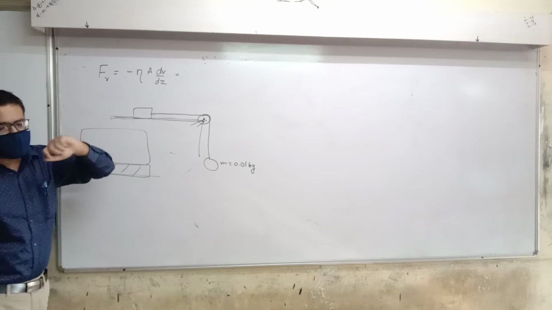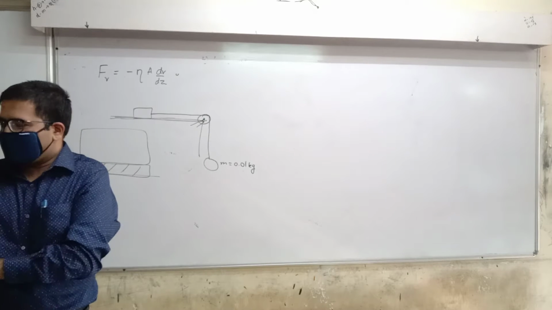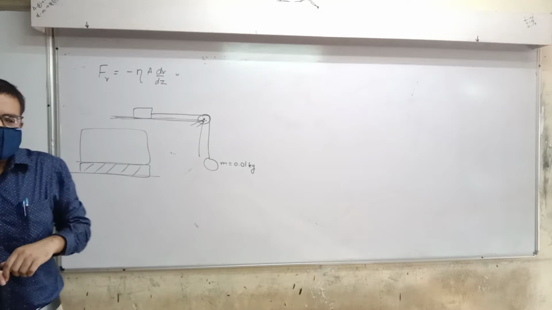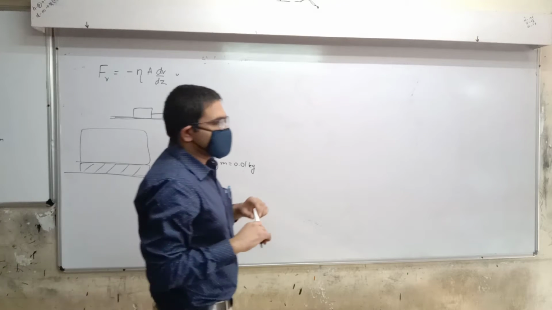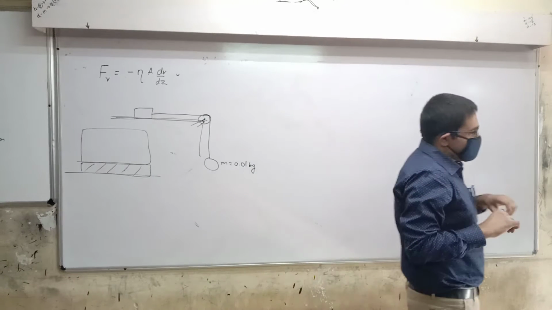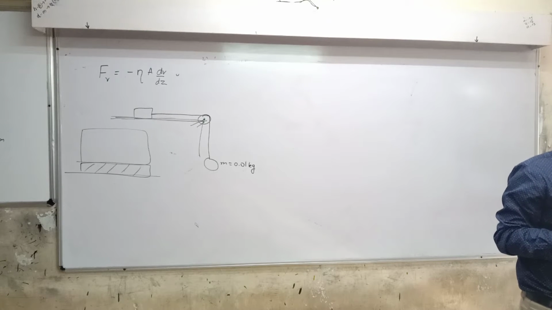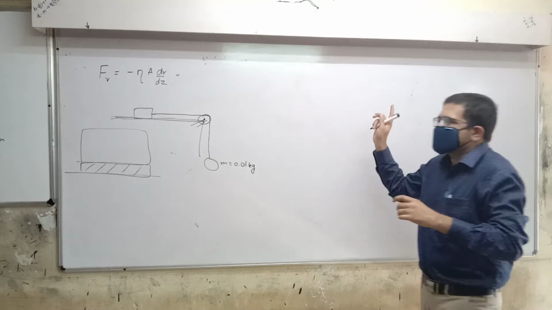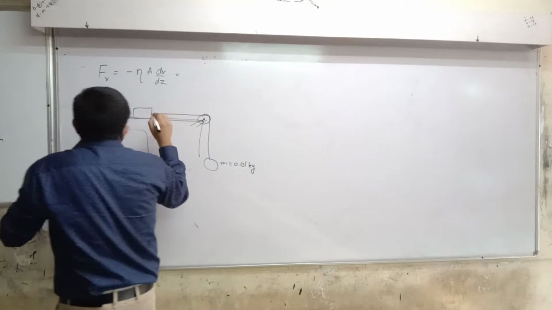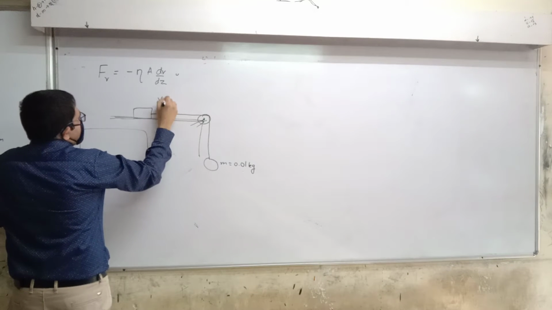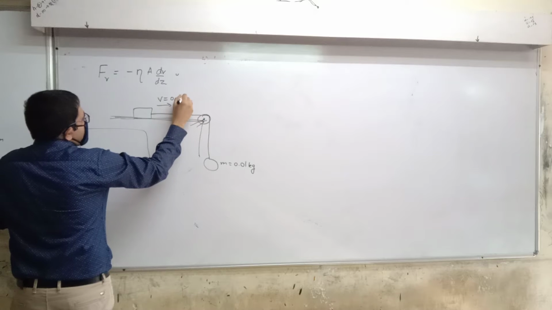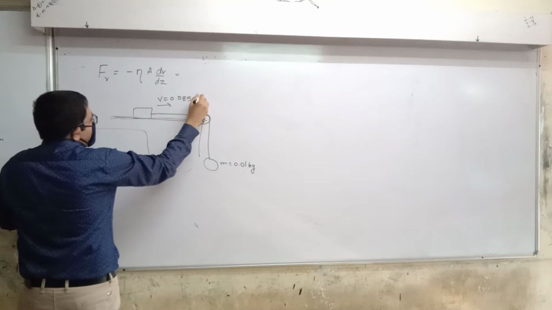Okay. Now, what's the question? Read it further. What's the question? Come on. Block moves towards the right side with how much speed? 0.085 meter per second.